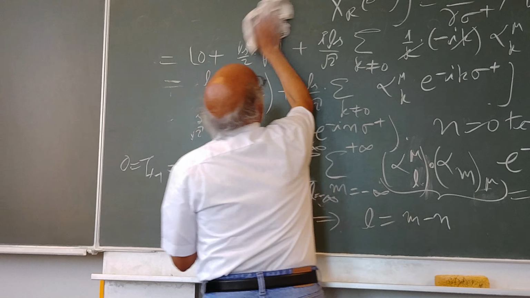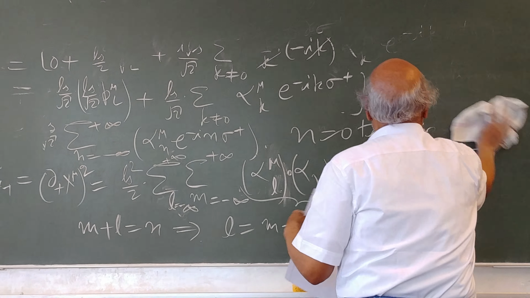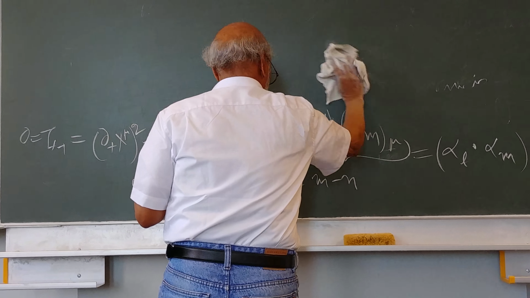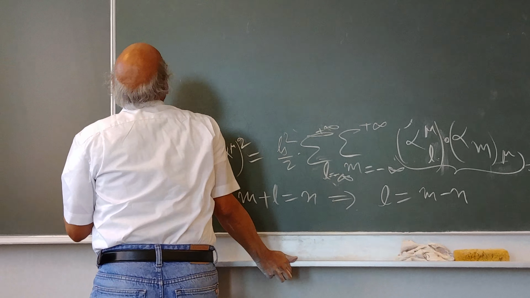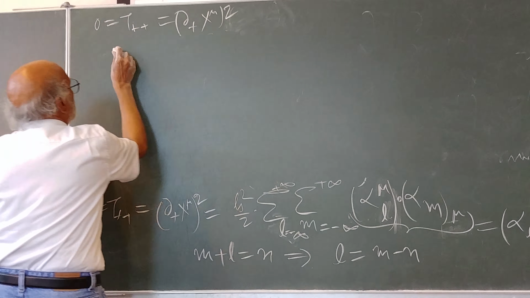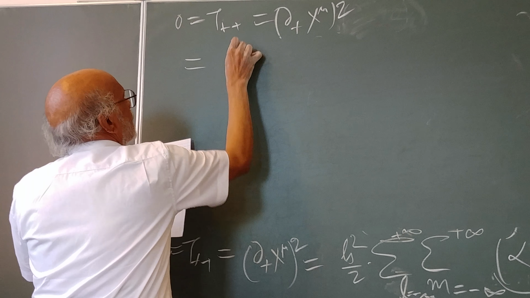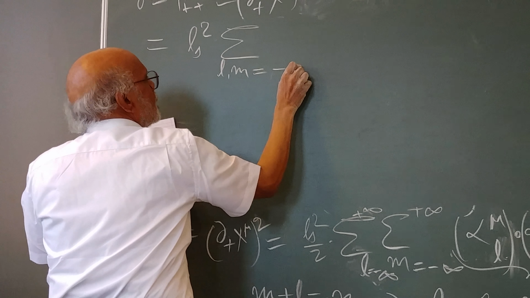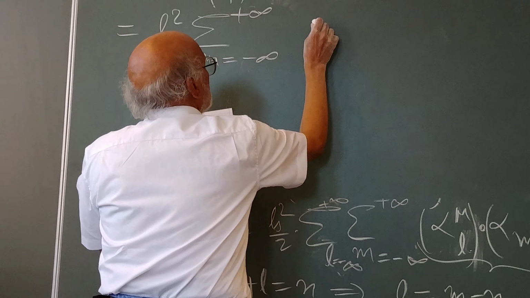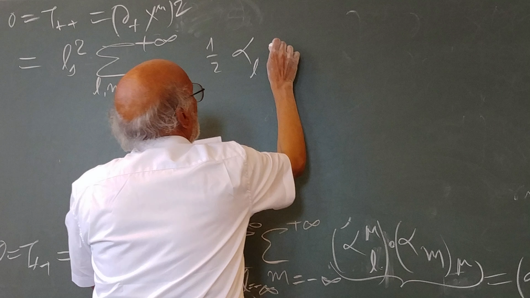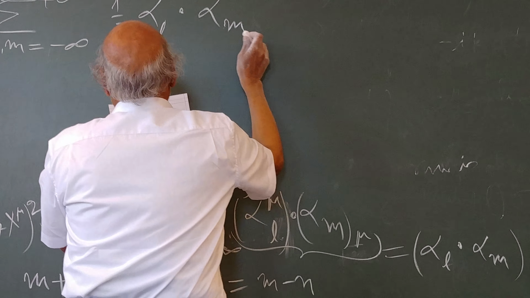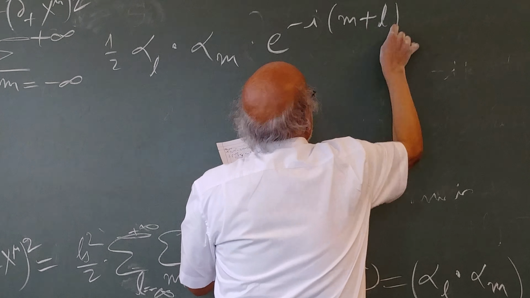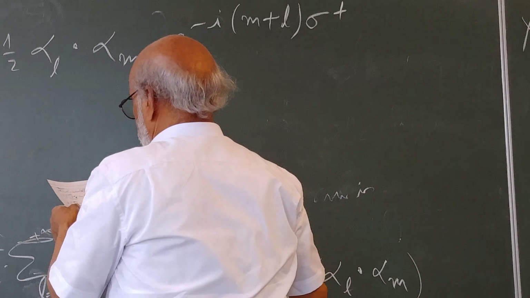So let me remove this. So what you have is this equals ls square, L, M equal to minus infinity to plus infinity, 1/2 alpha L dot alpha M times e to the power minus i M plus L sigma plus.